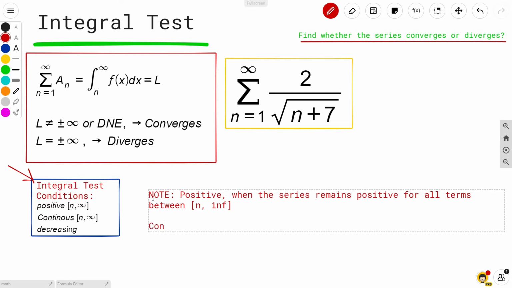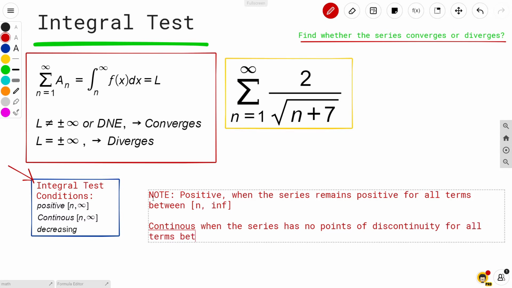Note, it's continuous when the series has no points of discontinuity for all terms between n and infinity.